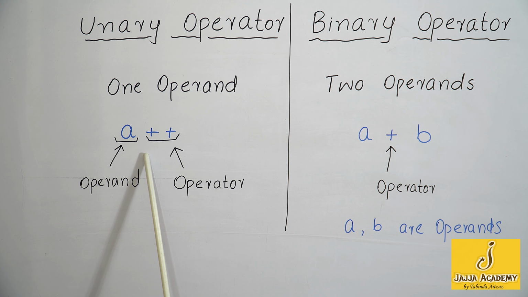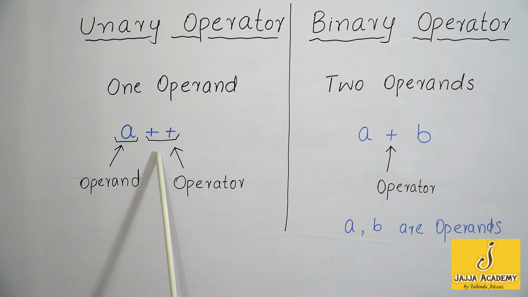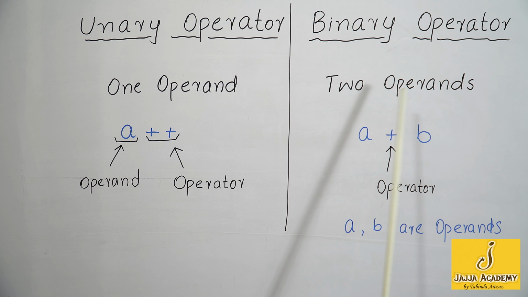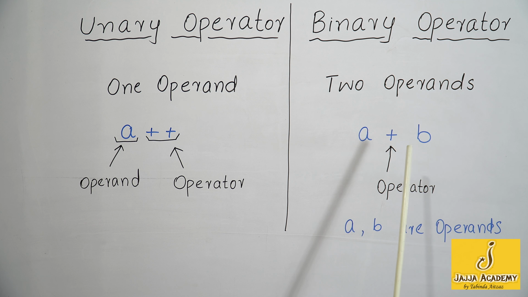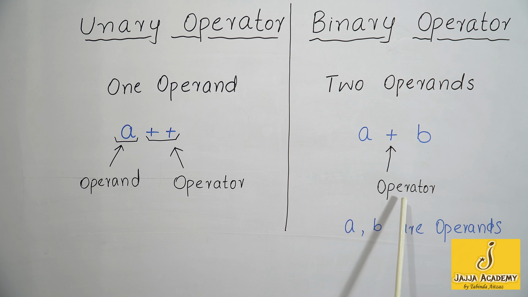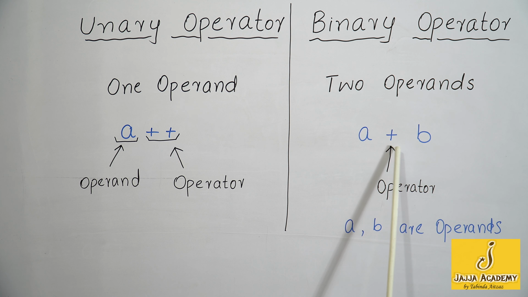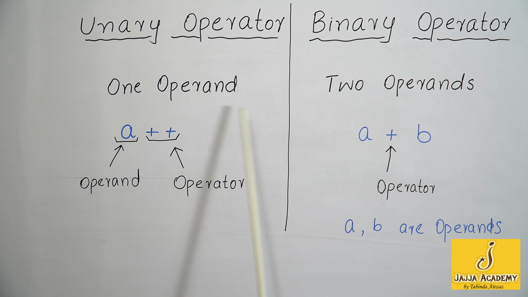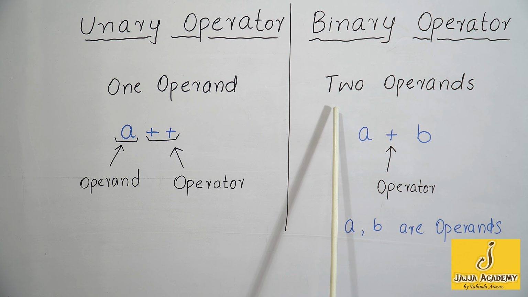Unary operators such as increment or decrement operators are applied on a single operand or a single variable, whereas binary operators are applied on two operands. For example, A + B. A and B are operands and the plus symbol is the operator. So the addition operator, arithmetic operator plus, is a binary operator because it is applied on two operands. This is the difference between unary and binary operators.